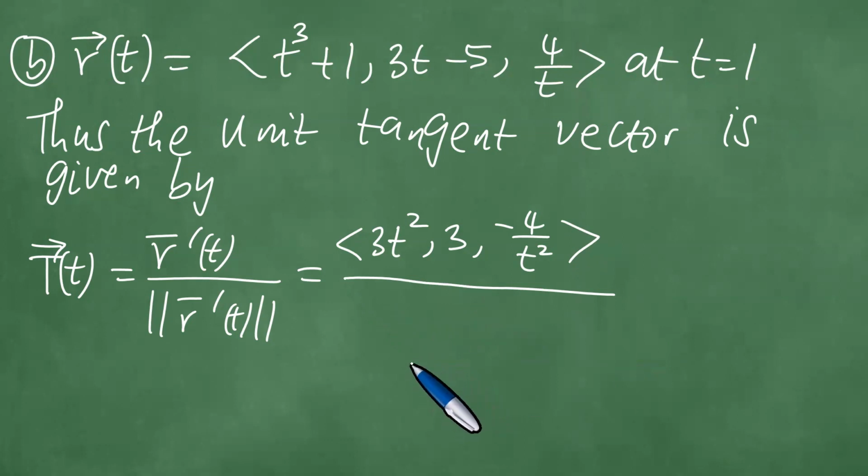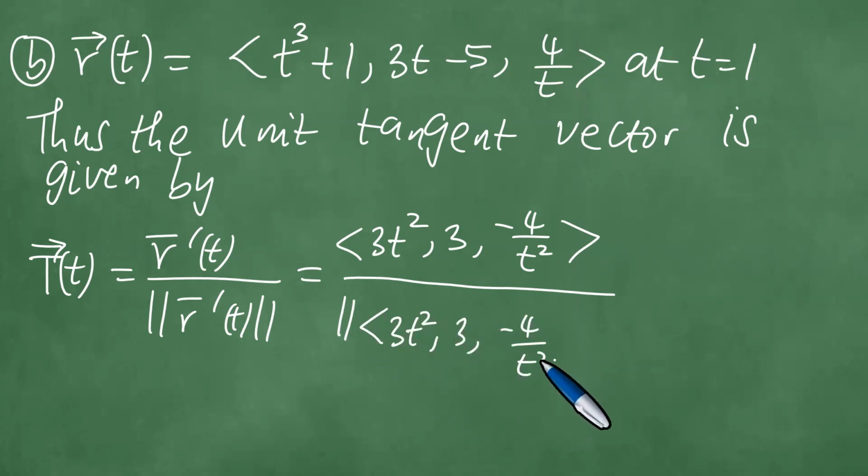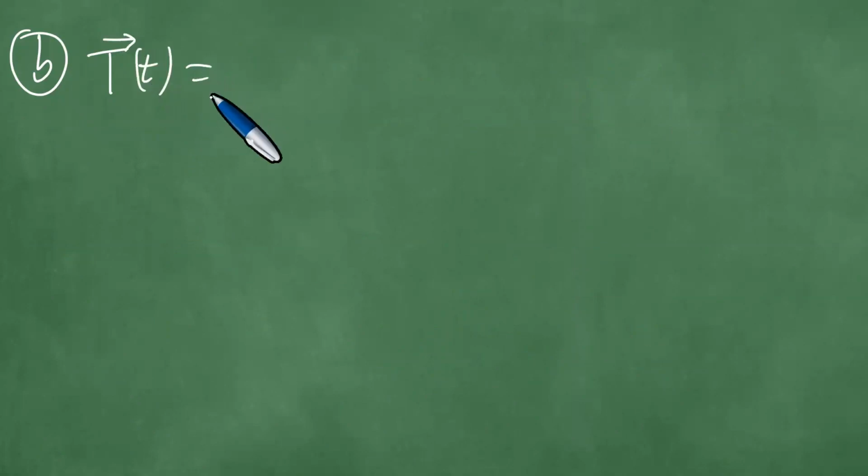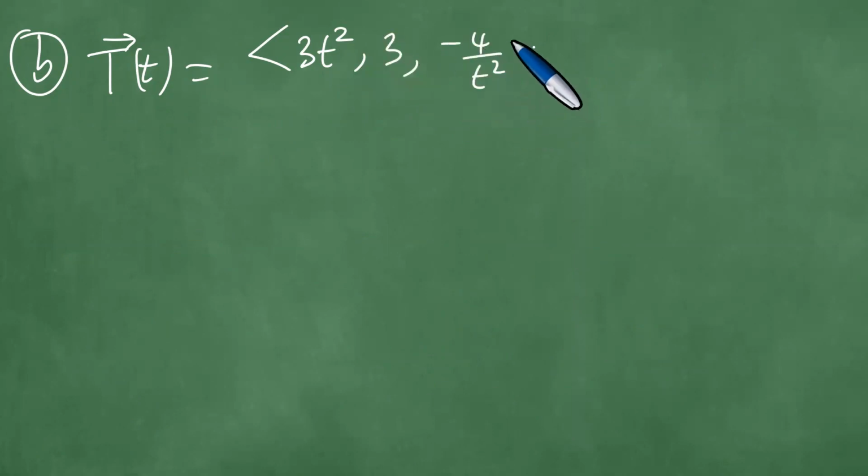And then you divide by the length. Part B. So we have 3t squared, 3, minus 4 over t squared.